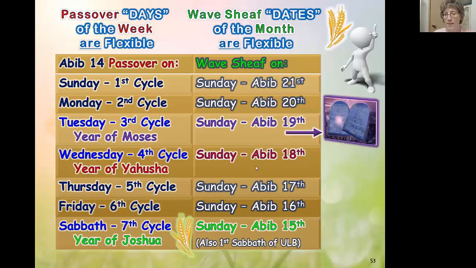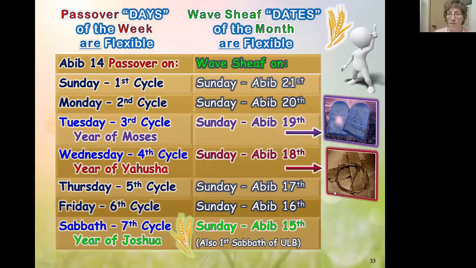We know with Moses, that was a very special year when the law was given at Mount Sinai, and for Yahusha, very, very important study to show you exactly where the wave sheaf was on Abib 18 on that first cycle of the week, crossing the Jordan into Canaan.